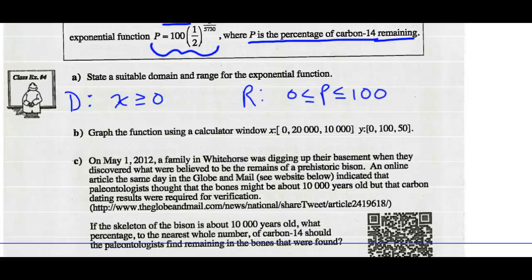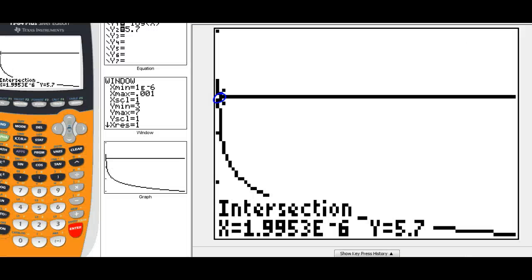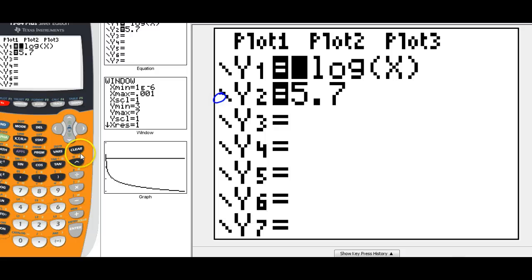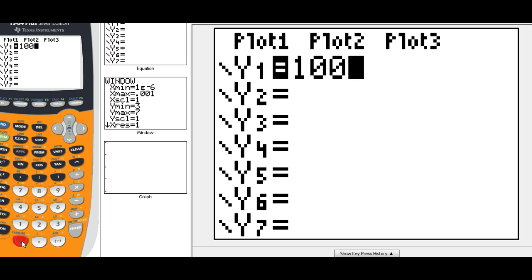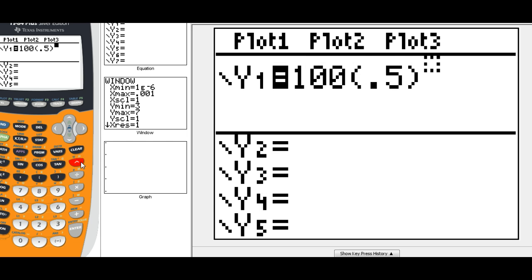Graph the function using a graphing calculator with this window setting. So in our graphing calculator, let's clear what we had in here and type our new equation. P or y equals 100 times 0.5 to the exponent, in brackets, x divided by 5,730.